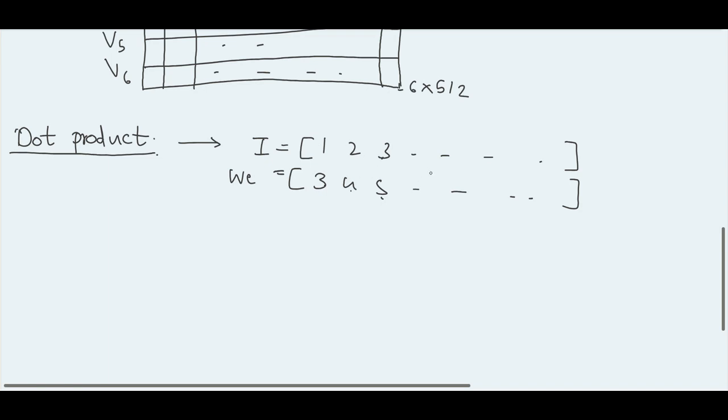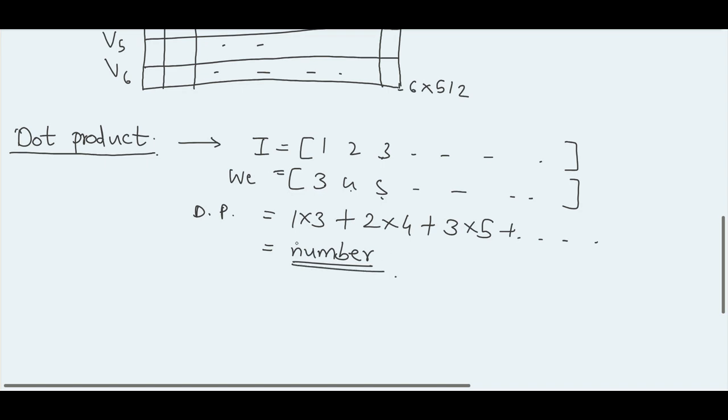We take the sum of all these multiplied results. So for example, the dot product will be something like this: the first component into the first component, plus the second component into the second component, plus the third component into the third one, and so on. Okay, so this is how you calculate the dot product, and this operation will give you some number, right?